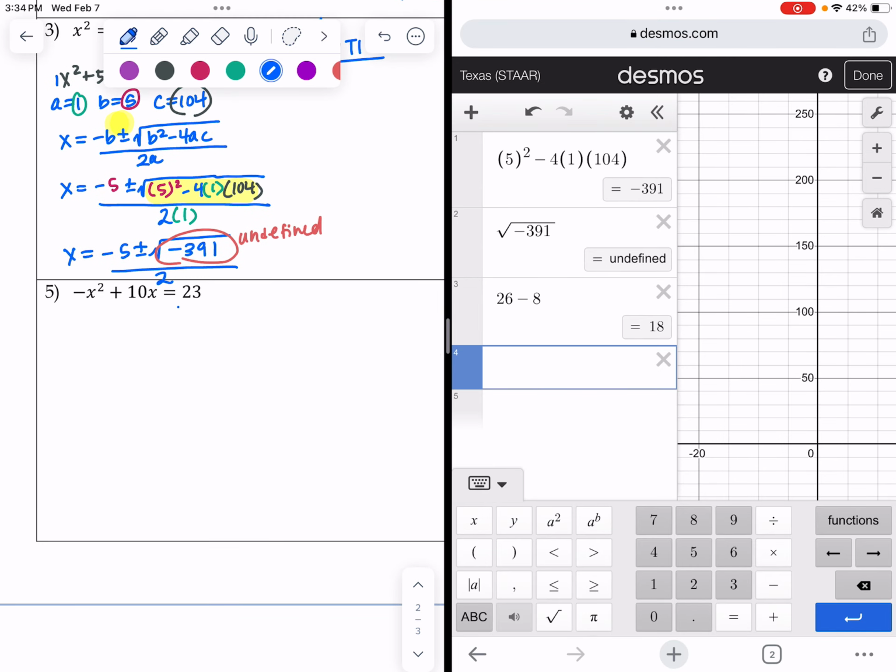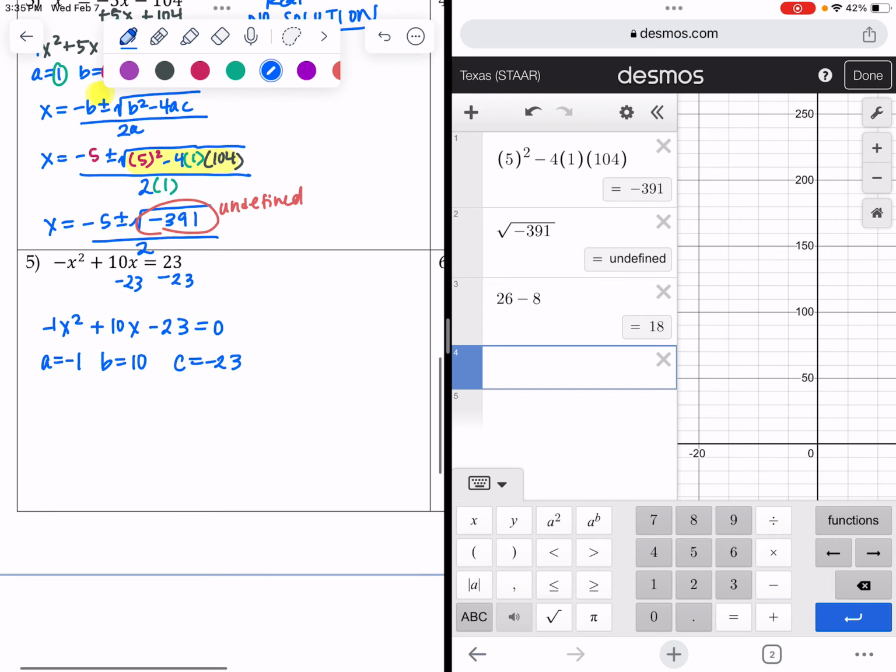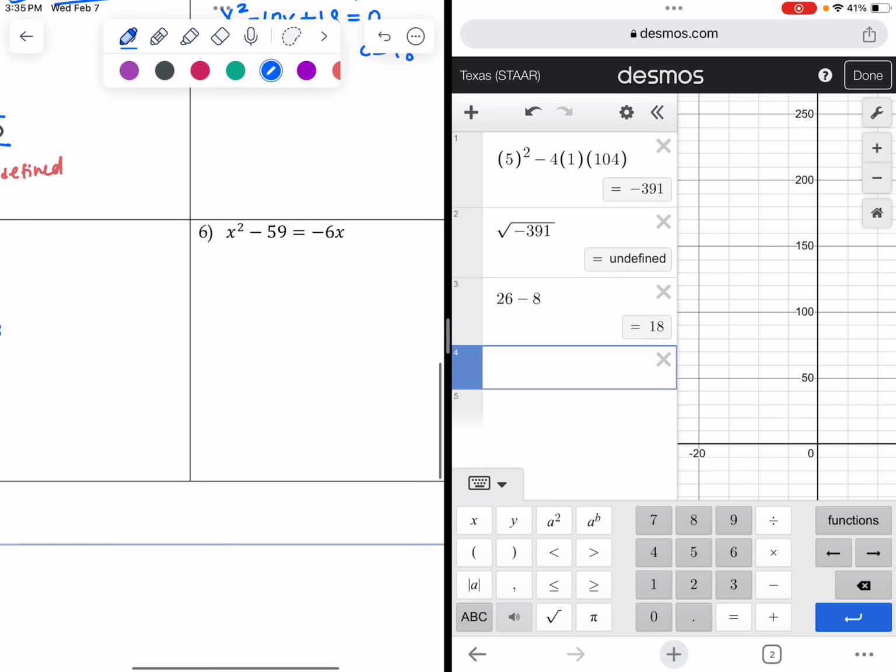Over here, we would need to subtract the 23, and it doesn't combine with anything. And so here your a value is -1, your b value is +10, and your c value is -23. And so that's how you would use the quadratic formula.